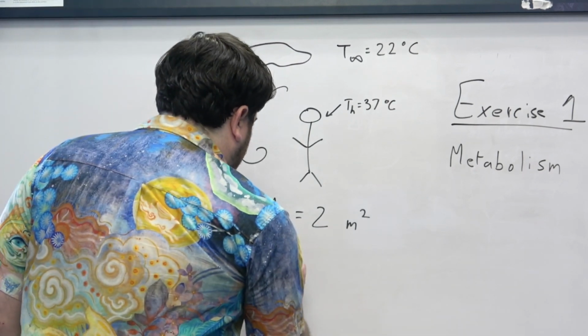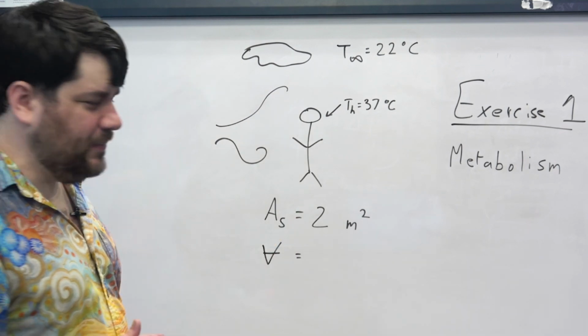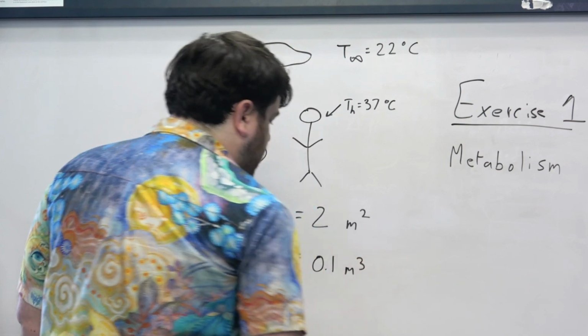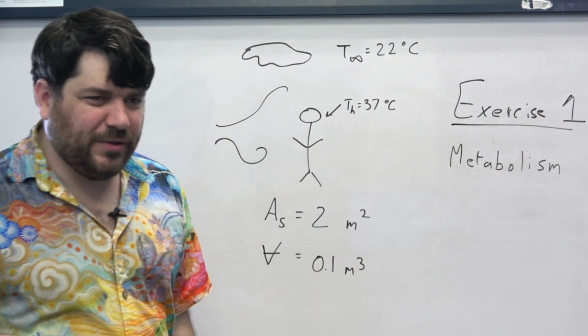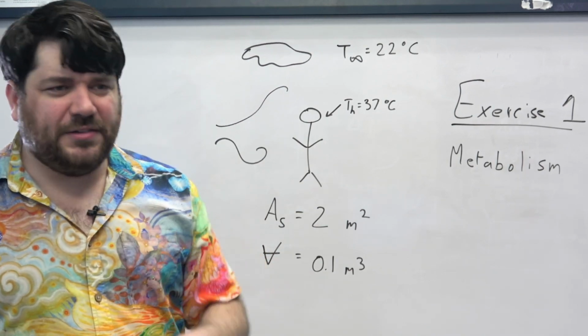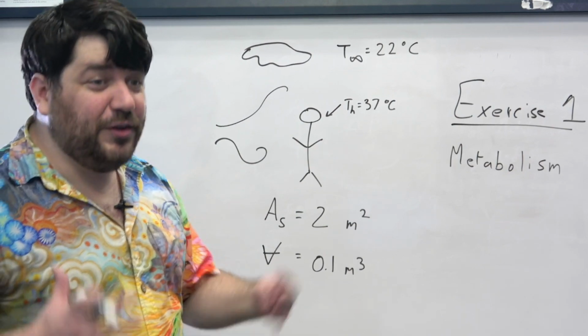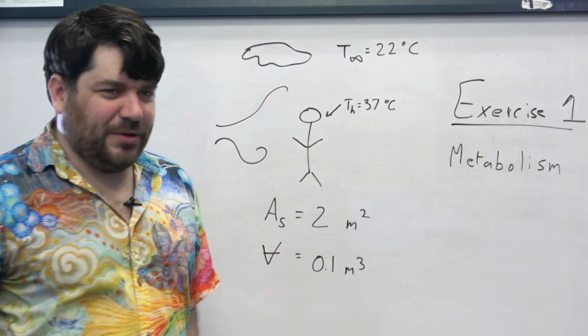We can also say that the approximate volume of this human body is about 0.1 meters cubed. Once again, the precision of the numbers doesn't really matter. People will have different bodies. It's just to put down a specific set of numbers that will make the math easier, but also give us a representation of the order of magnitude of the quantities that we're going to pull.